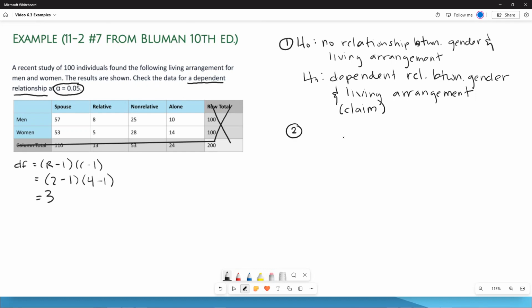Step 2, we're going to go ahead and do our p-value. So in this case, we know that we are putting our observed into, in this case, I'm going to do matrix A. And then I don't actually have to do an expected because this time I'm doing GeoGebra.